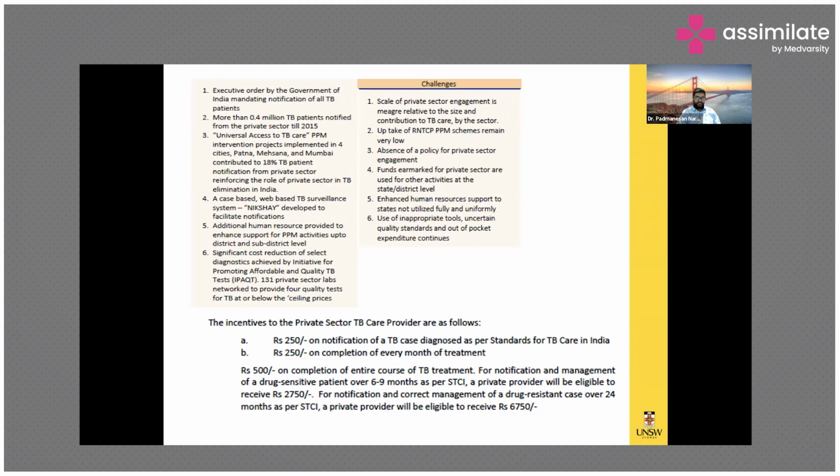If you are a private practitioner and you notify a TB case, you get 250 rupees. If they complete treatment every month, you get 250 rupees, and in total you get somewhere around 2,750 rupees. For another 24 months, if you're treating a drug resistant patient, you get 6,750 rupees.